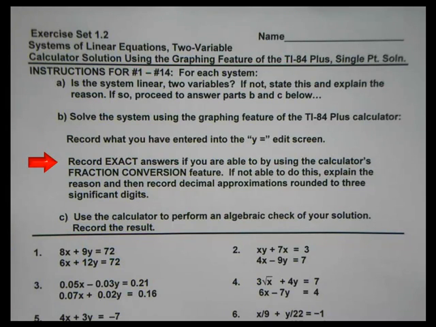Record exact answers if you are able to by using the calculator's fraction conversion feature. If not able to do this, explain the reason and then record decimal approximations rounded to 3 significant digits. C, use the calculator to perform an algebraic check of your solution. Record the result. Alright, let's proceed to number 11.